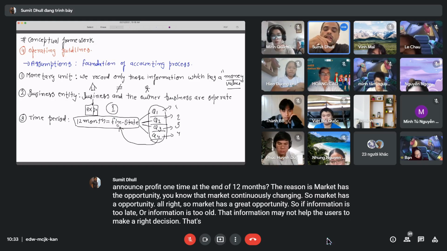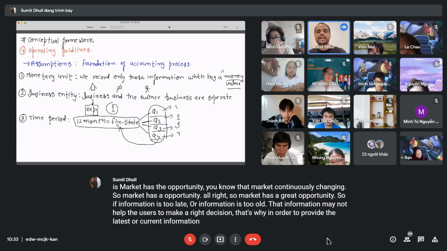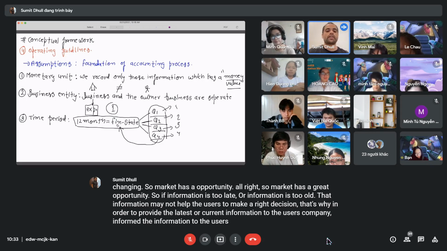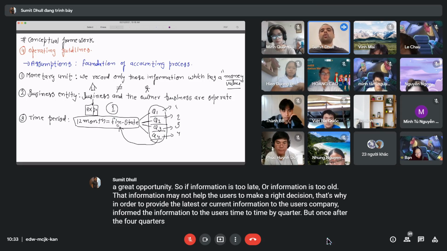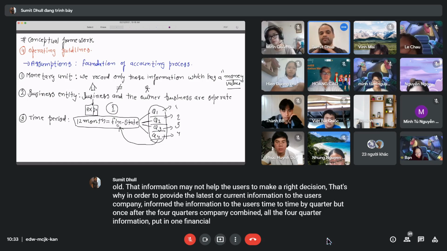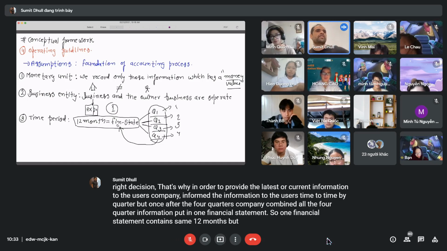That's why, in order to provide the latest or current information to the users, the company informs the users time to time by quarter. But after the 4 quarters, the company combines all the 4 quarters of information and puts it in one financial statement. So one financial statement contains the same 12 months, but generally the company announces profit quarter by quarter.